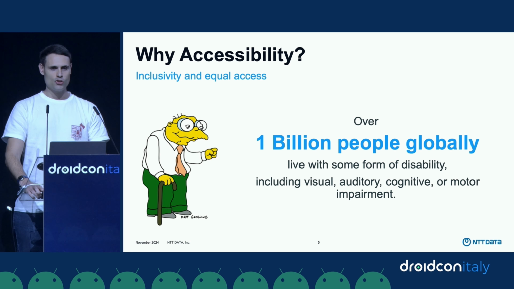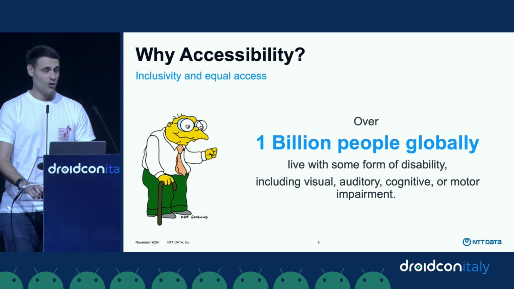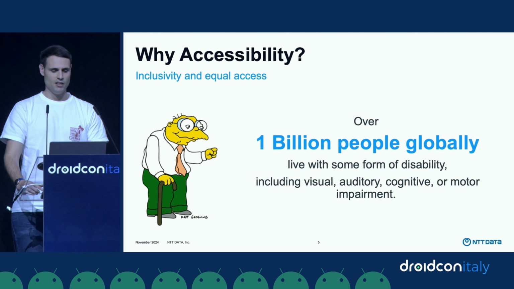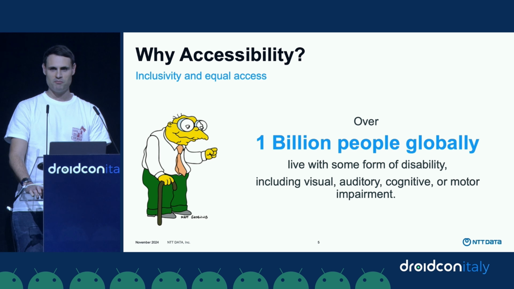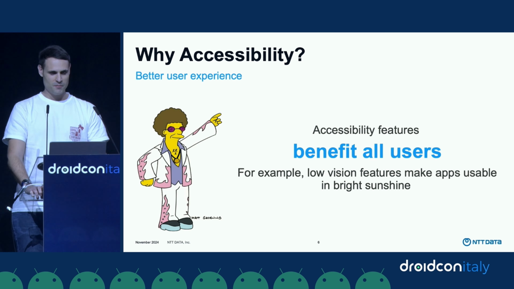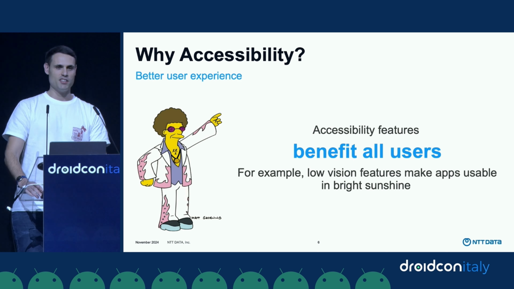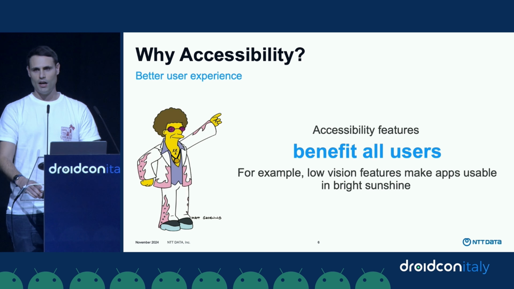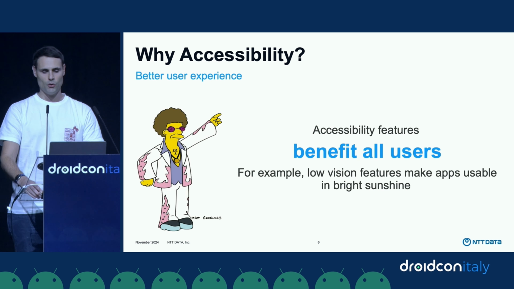Accessibility means inclusion and equal access, because over 1 billion people globally live with some form of disability, like visual impairment or auditory impairment. That's like 1/6 of the global population. Also, it means a better user experience, because with accessibility features, all users can benefit.